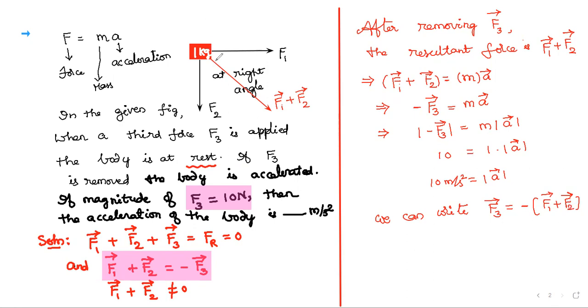Negative vector means opposite direction. So exactly in opposite direction we have to draw F3. This is the direction of F3, the blue color line is F3 bar.